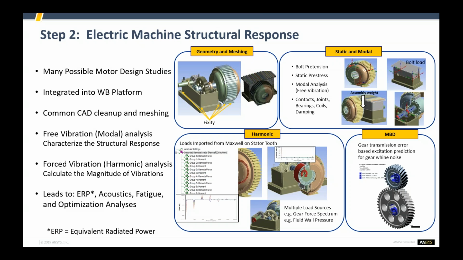This can also include calculation of structural forcing functions, such as gear noise. Then all these forces and the magnetic forces can be used as inputs into a forced harmonic vibration analysis to calculate the absolute magnitudes of the vibrations.